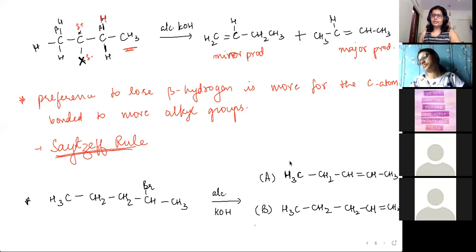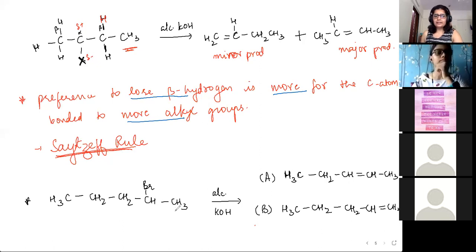Dhriti and Mitali have sent their answers, which are absolutely right. The Saytzeff rule says there is a preference to lose the beta hydrogen from wherever you have more alkyl groups, so more carbon atoms attached, basically.